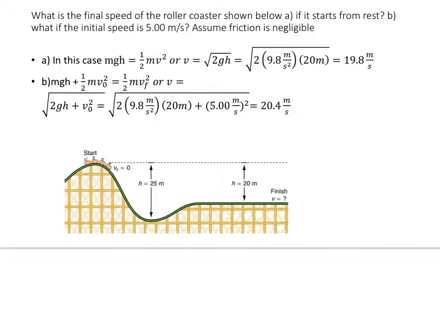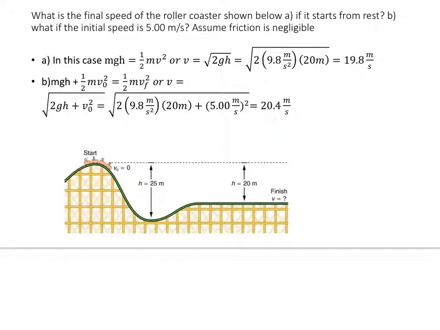So the final velocity, solving for v here, is going to be equal to the square root of 2gh plus the initial velocity squared, which is equal to the square root of 2 times 9.8 times 20 meters plus this initial velocity of 5 meters per second squared, and we solve and it comes out to be 20.4 meters per second.